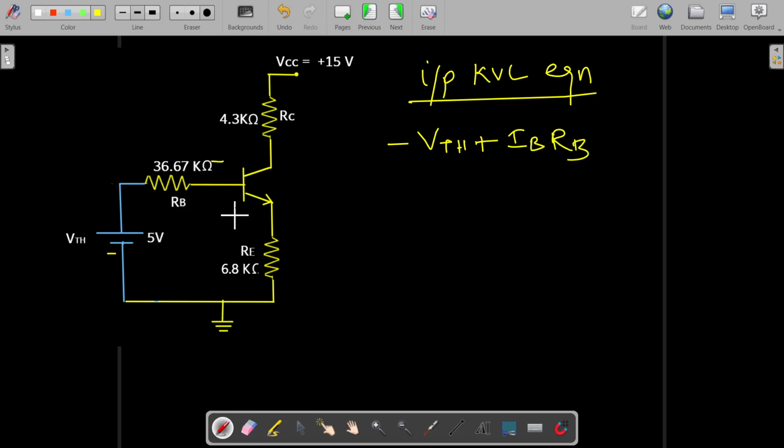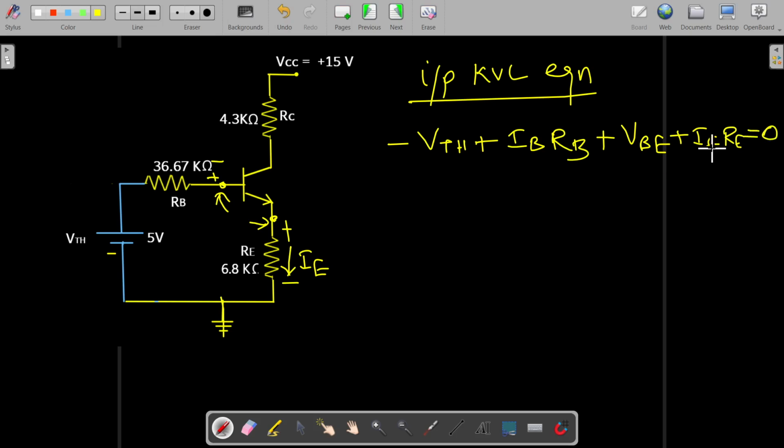Then between this base and this emitter, we have this VBE. It is also plus and minus. So it is plus VBE. Then here the entering point for this current IE through the resistor RE. It is plus and minus. So it is plus IE RE. Then we come to this ground, isn't it?